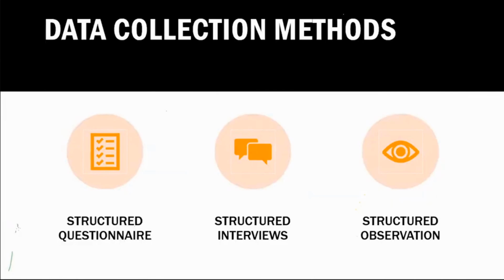And then there are data collection methods: structured questionnaires, structured interviews, and structured observations. Generally, in quantitative research methods, we use structured questionnaires or structured interviews. Structured means we have a specific format, specific questions, specific design, and a specific order of the questions.